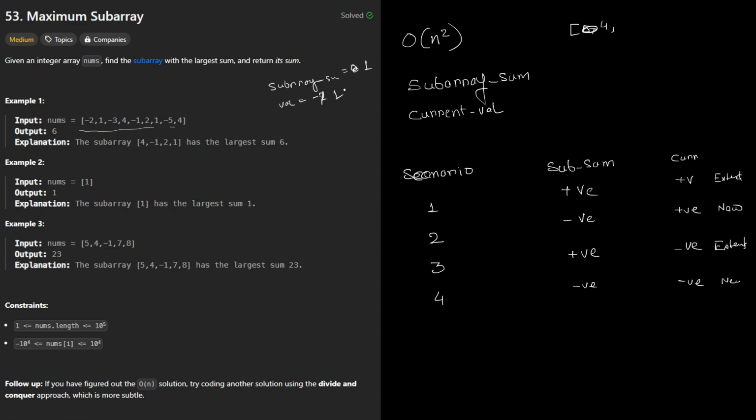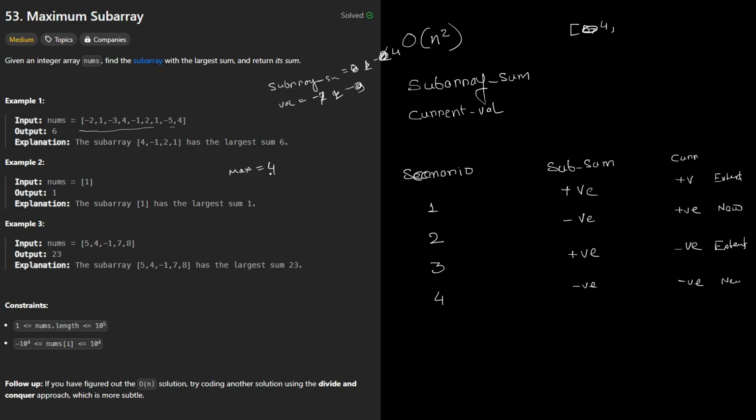So the current value is negative, -3. Let me add it up. It would be -2. Once it is -2, we are getting a value of 4. So whenever we get a value of 4, we start a new one, and we will always keep our track.